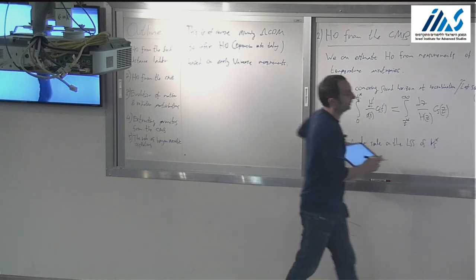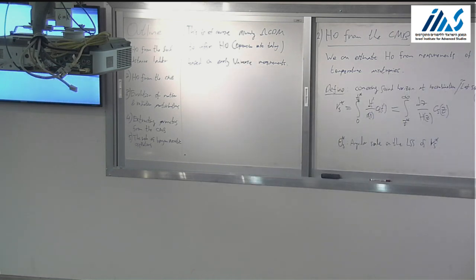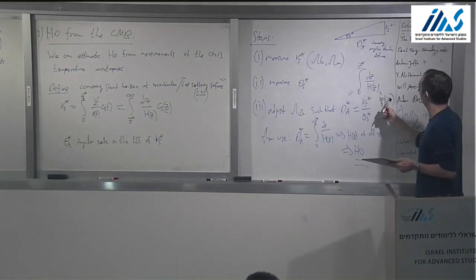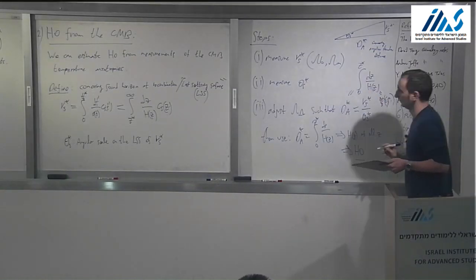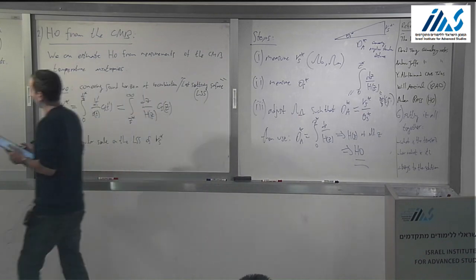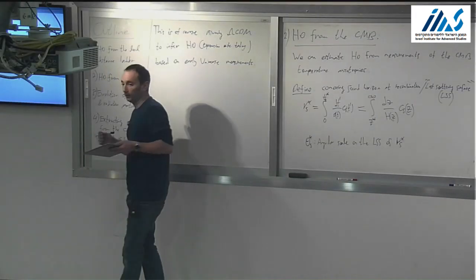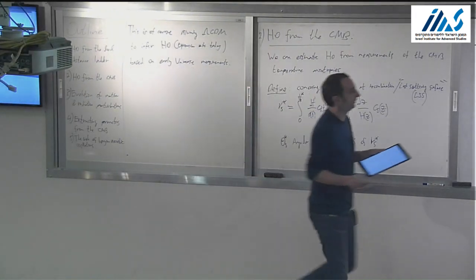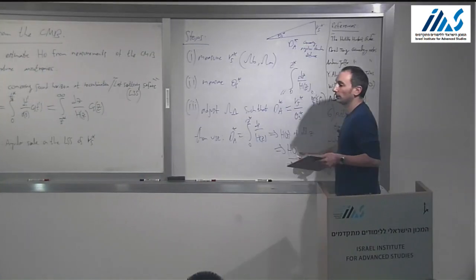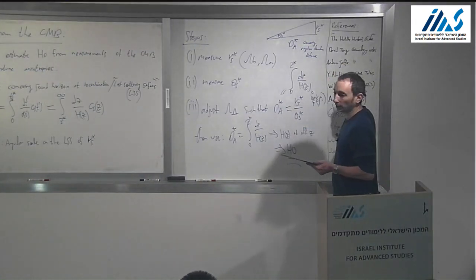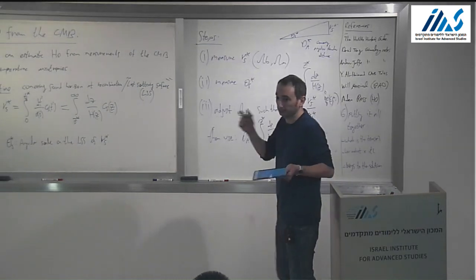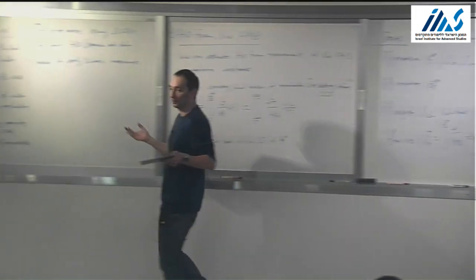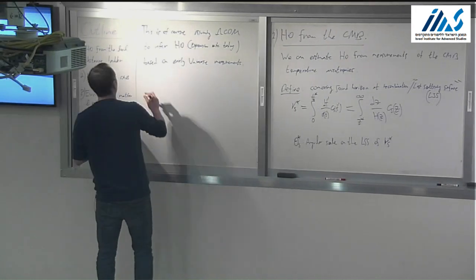Okay? So let's not fool ourselves or lie to ourselves. We are assuming that the cosmological model is understood, and it holds from the moment of last scattering all the way to us, because that's what we're basically assuming here, that we know how all of these densities evolve. Okay? But that is what's going to make this interesting, because if we don't get the same answer by extracting H naught from here as we got from the local distance ladder, that might mean that there's something interesting. Maybe there's something we don't understand about the cosmological model.